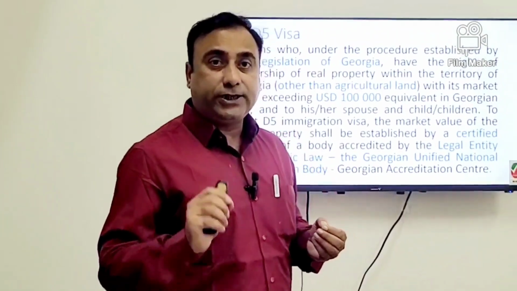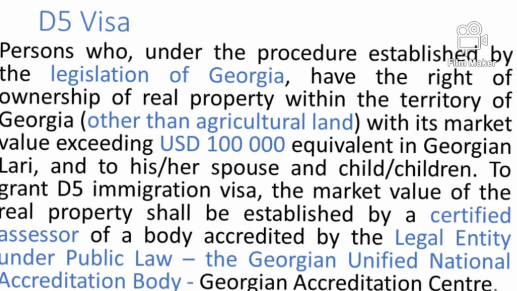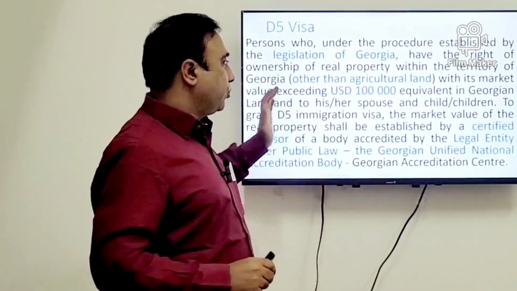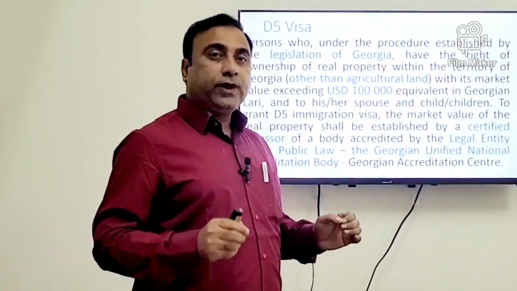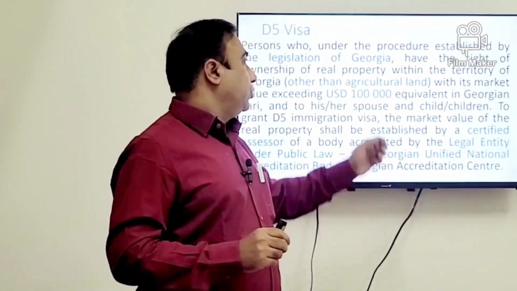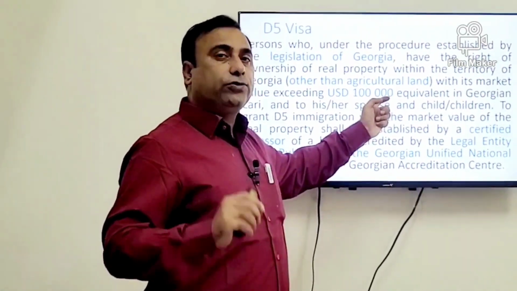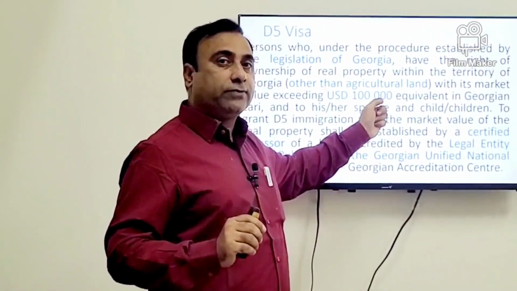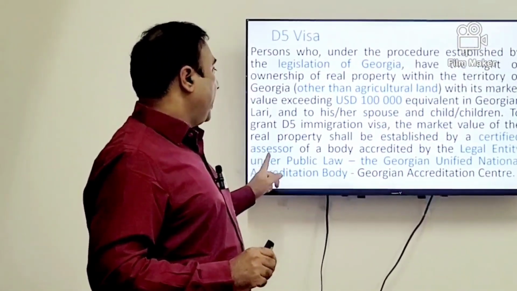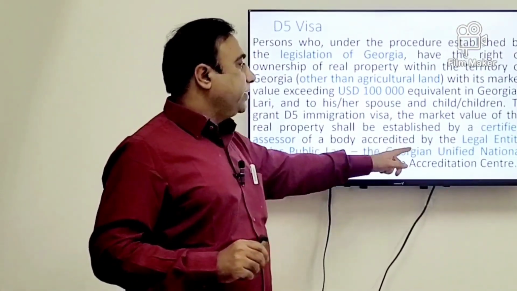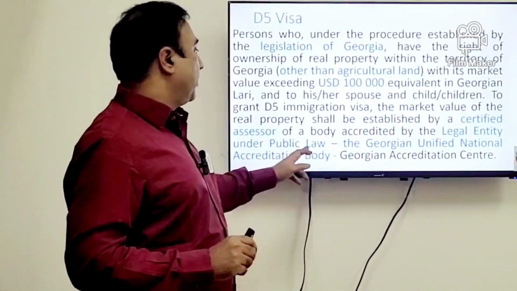D5 visa is especially designed for investment purposes or for a person who already has property there. The typical thing to understand is that the property should have a value equal to or more than 100,000 US dollars, and that must be assessed by a certified assessor of a body accredited by a legal entity under public law.